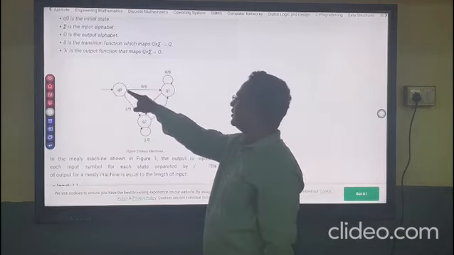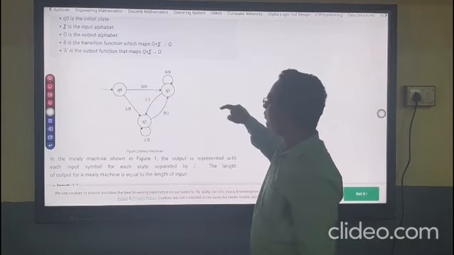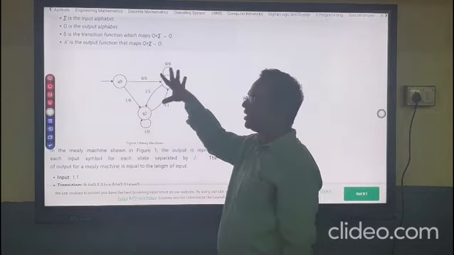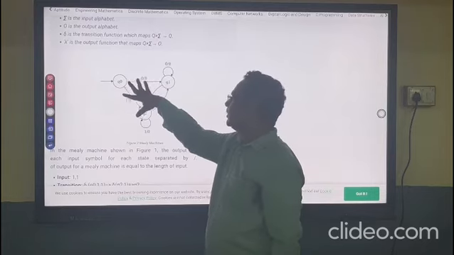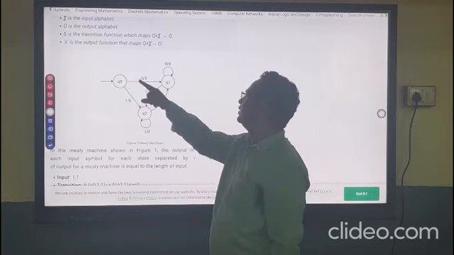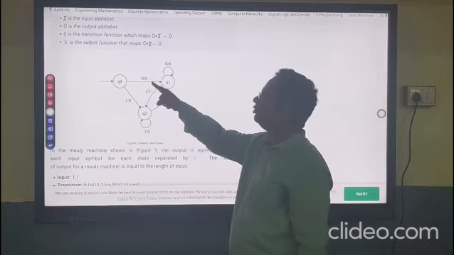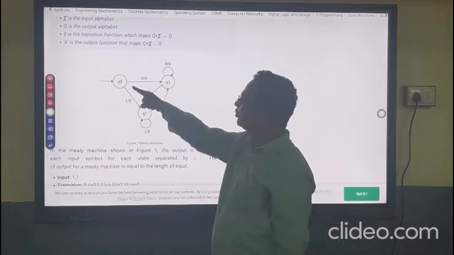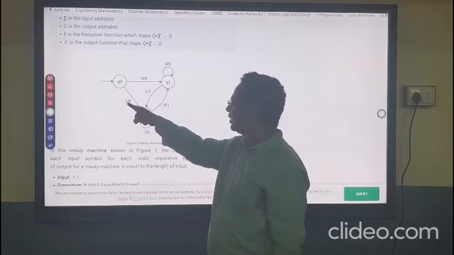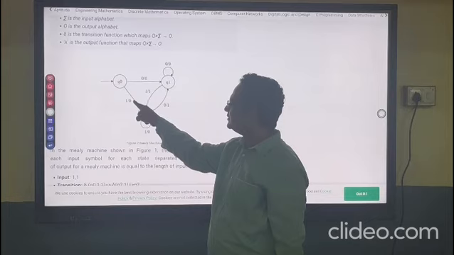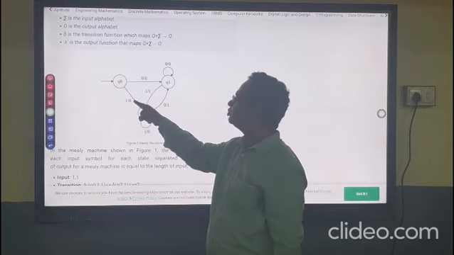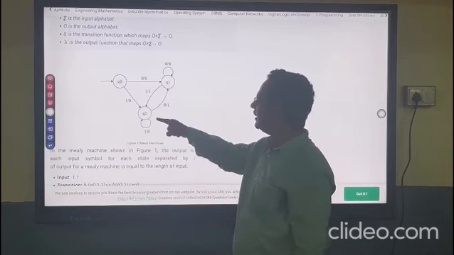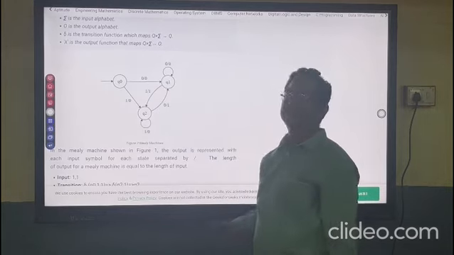There are two kinds of transitions here, using 0 or 1. If Q0, the initial state, is accepting 0, the output will be 0 and the next state will be Q1. And if Q0 is accepting 1, then the next state will be Q2 and the output will be 0.